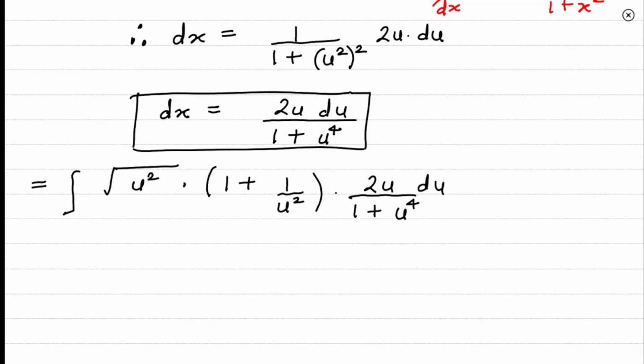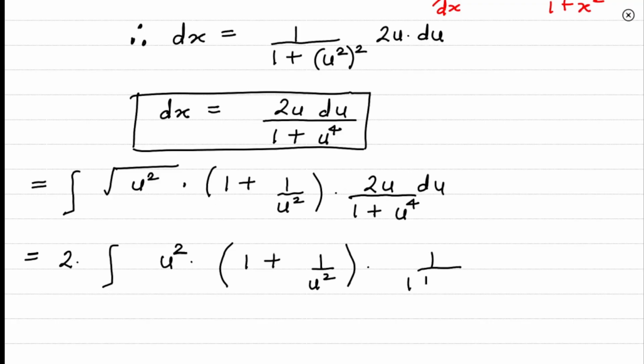Now, in order to simplify this, first of all this 2 is a constant, and can be taken out of the integral. So you have 2 times integral of, and the square root of u square is nothing but u, and that u multiplied by this u over here will just give you u square. And times you have 1 plus 1 over u square, and then you already have 1 upon 1 plus u to the power 4, with respect to u.